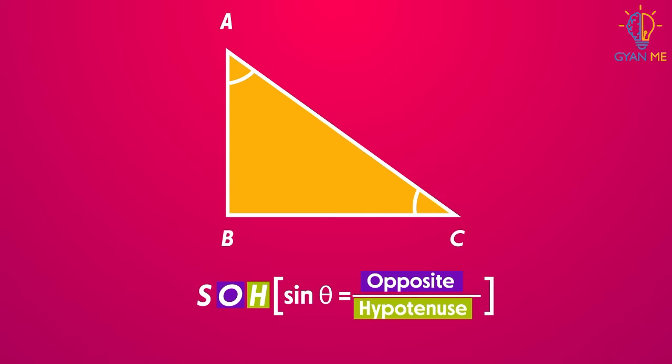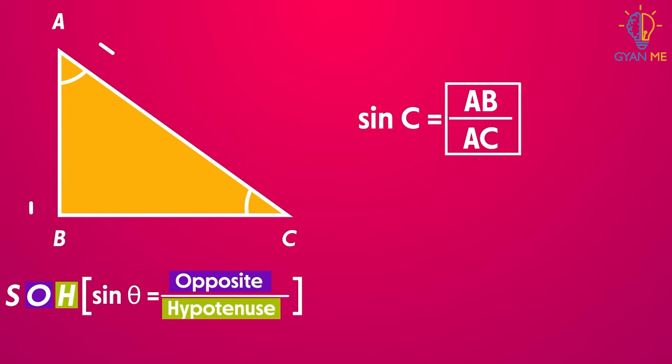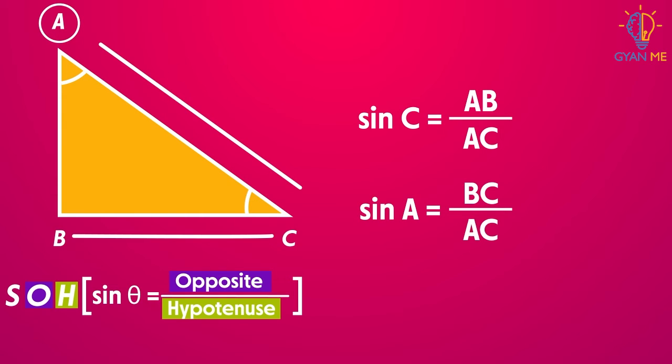For angle C, AB is the opposite side. Therefore, sine of angle C, ratio of opposite to the hypotenuse, is AB upon AC. Similarly, for angle A, BC is the opposite side. Therefore, sine of angle A will be BC upon AC.